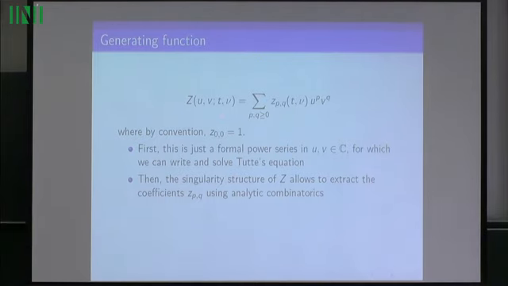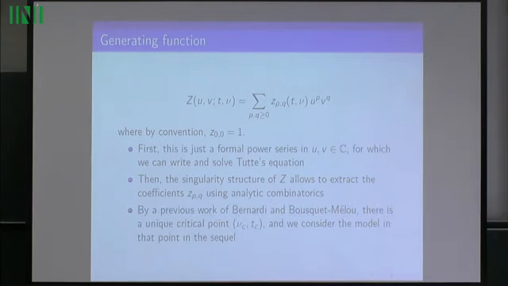And once we find this, we can study the singularity structure of this Z. Then we have the powerful machinery of analytic combinatorics, which allows us to extract those coefficients once we know the location of the dominant singularities and understand that there are no other singularities disturbing.